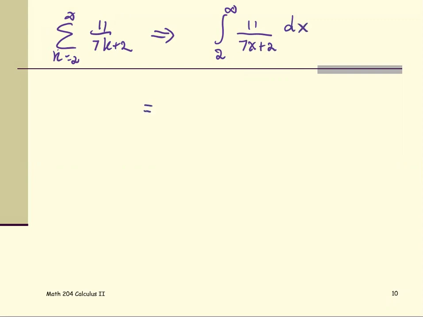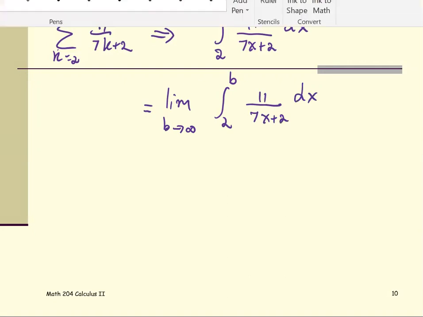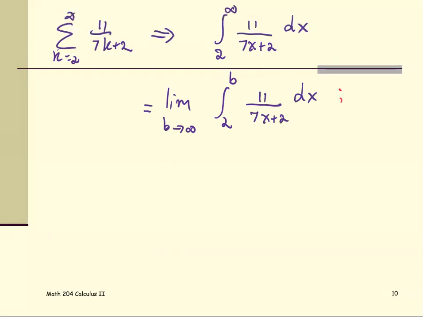Evaluate this improper integral by introducing the notation b for the upper limit and take the limit as b approaches infinity of the integrand 11/(7x+2) with respect to x. Use the u-sub technique as u equals 7x+2.